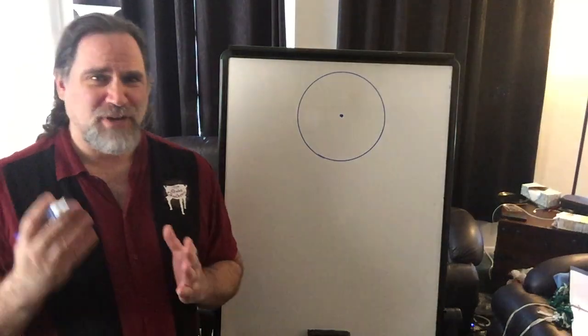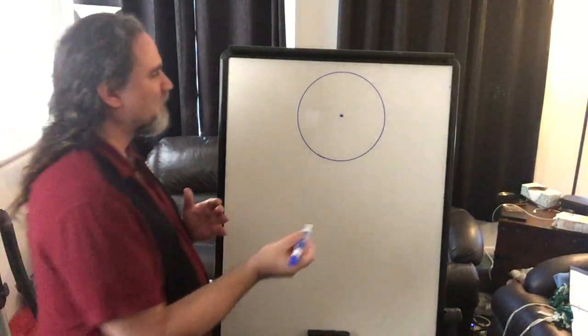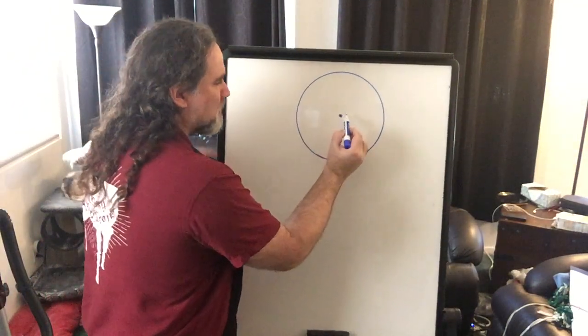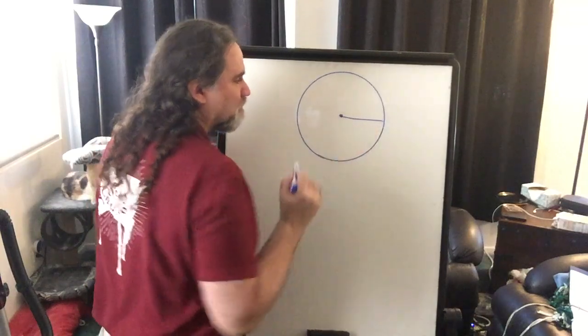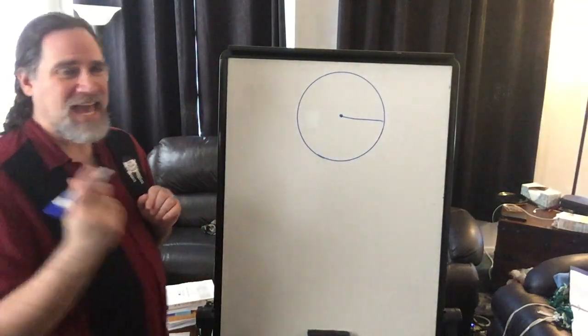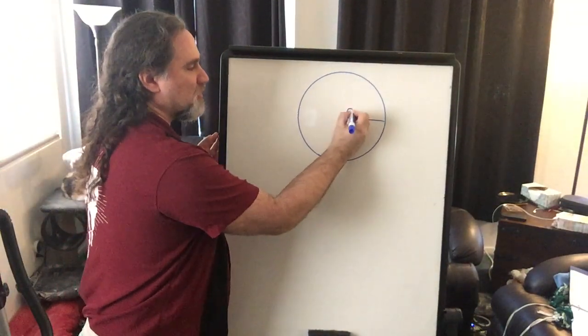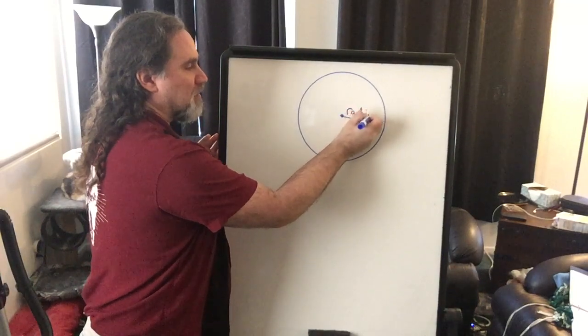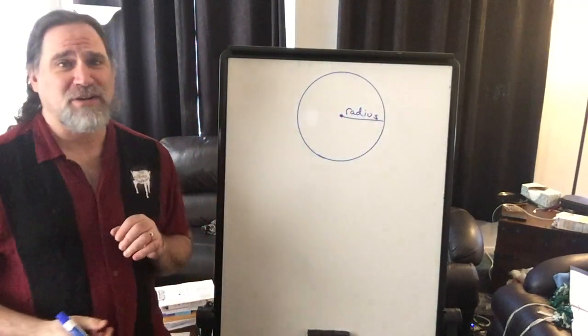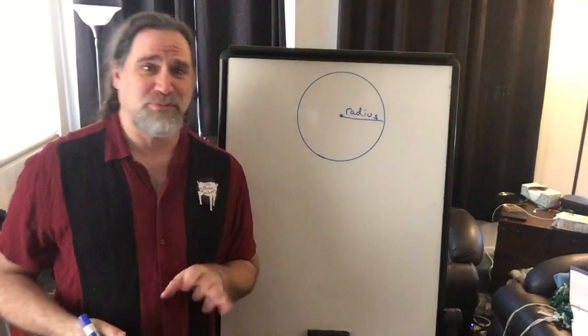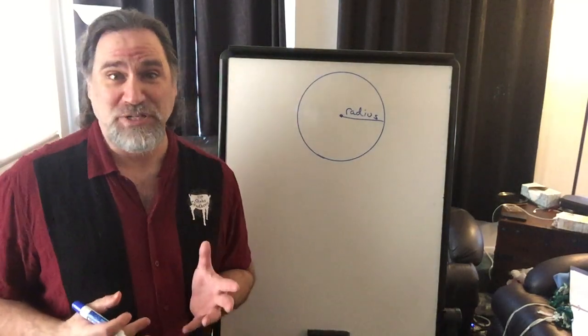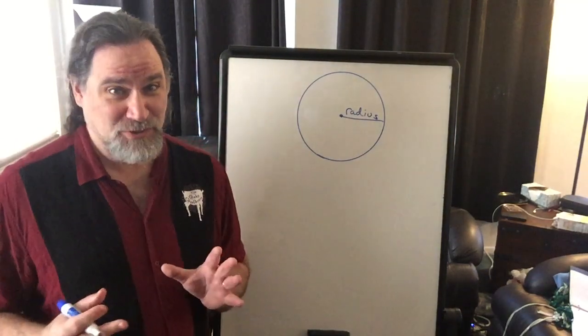Now we have a couple of pieces to the circle we want to talk about. The first one is if we go from the center to the edge, this right here is called the radius. Now you're going to hear a lot of words that are going to sound weird to you because they come from Greece, and Greece from thousands of years ago.